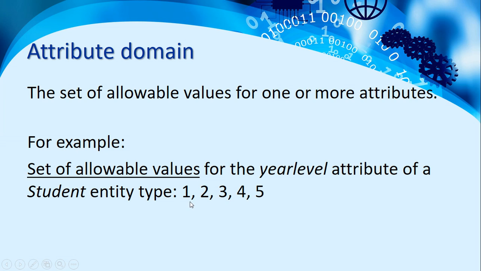So the only possible values could be 1, 2, 3, 4, 5. Depende na lang, no, sa school nyo kung may 6 year pa. So meron bang school na umaabot ng 6 years? So usually 5 years or engineering. Siyempre walang 0, no? Kasi wala namang year level na 0. So yun, ito 1, 2, 3, 4, 5 na allowable values for the year level. Ito yung tinatawag na domain. Okay? For attribute domain, yeah.